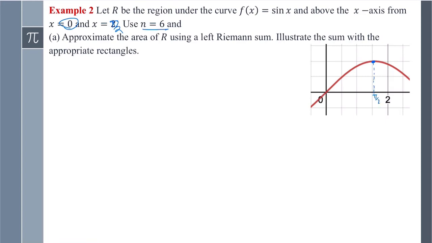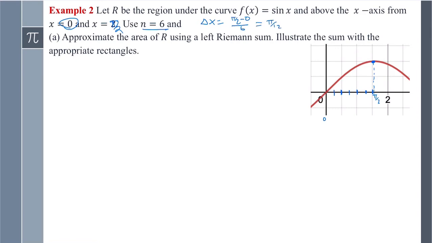And this is 0. So we are going to divide into 6 sub-intervals. So let's say these are the 6 sub-intervals. So we have x0, which is 0. And then let's go ahead and find delta x, which is pi over 2 minus 0 divided by 6, and that gives us pi over 12.